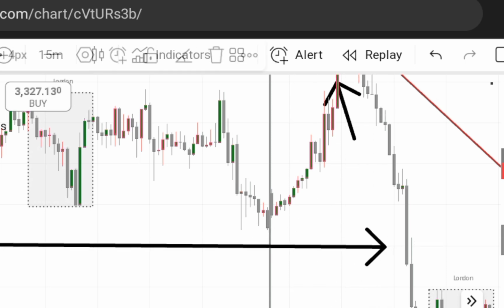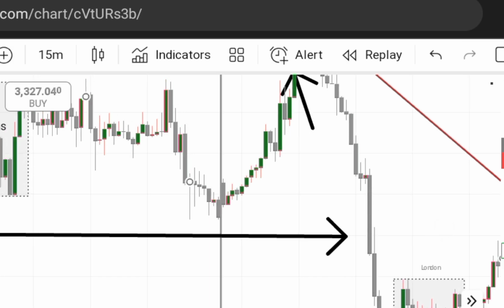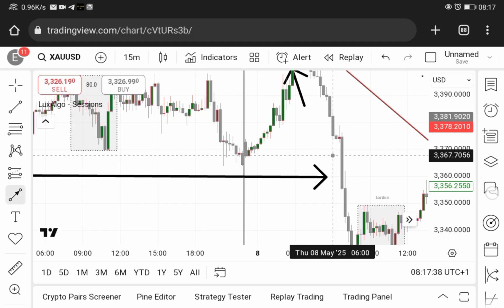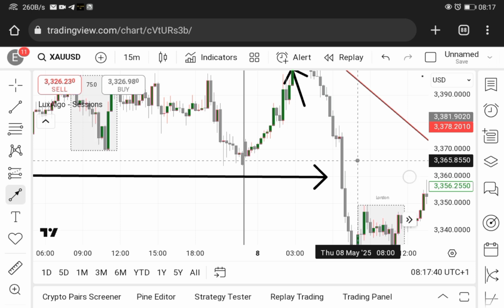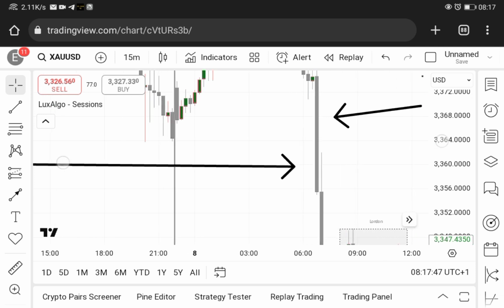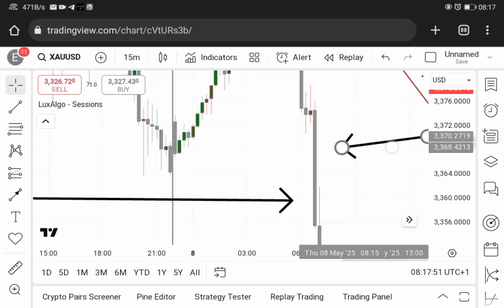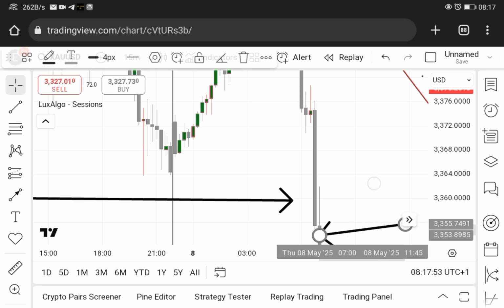As it broke below again with this candle right here, we check, we've seen a candle here, 1, 2, followed by this third candle.